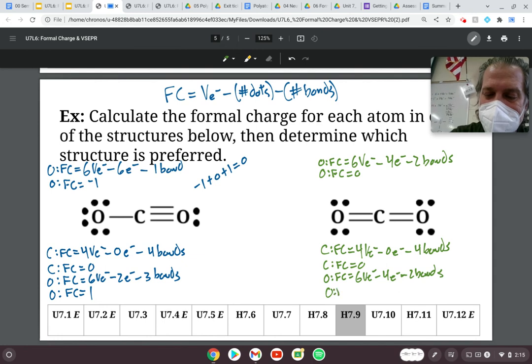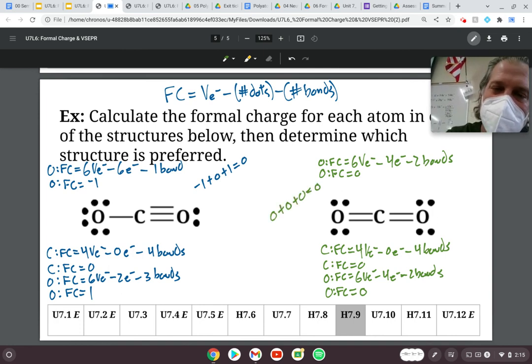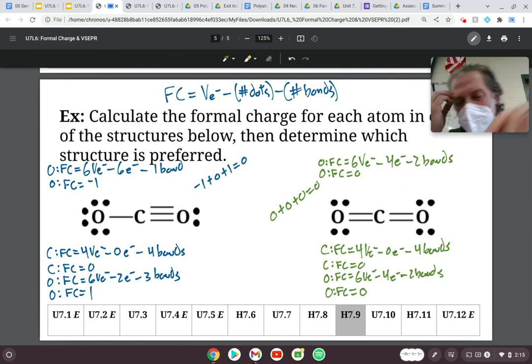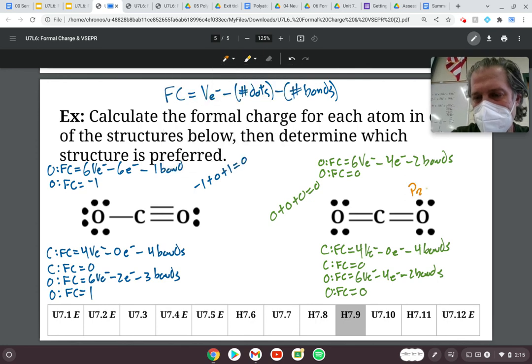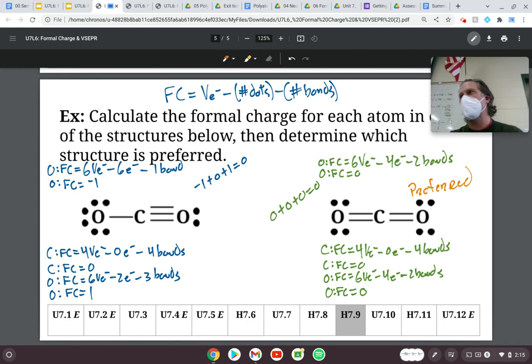So oxygen's formal charge here is 6 minus 4, which is 2, minus 2, which is 0. So here we have a 0 plus a 0 plus a 0 equals a 0. So in this instance, the preferred structure is going to be the one on the right, because all of the atoms have a formal charge of 0.